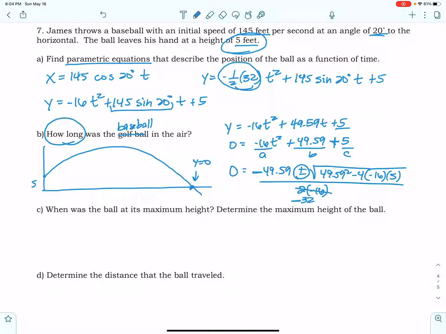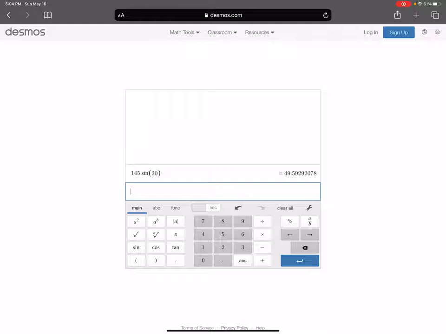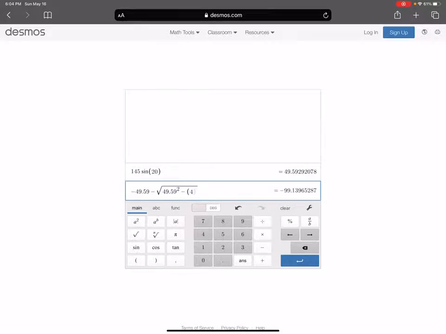So I'm going to go to Desmos now and I'm going to type this in. So I'm going to have negative 49.59 minus the square root of 49.59 squared, and then that is going to be minus 4 times A times C. So that's minus, open parentheses, 4 times negative 16 times 5.